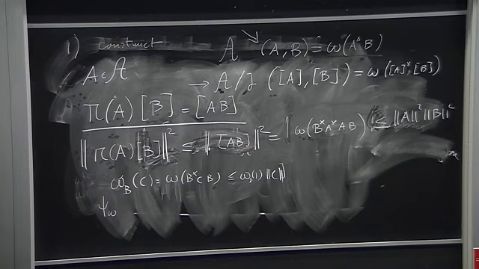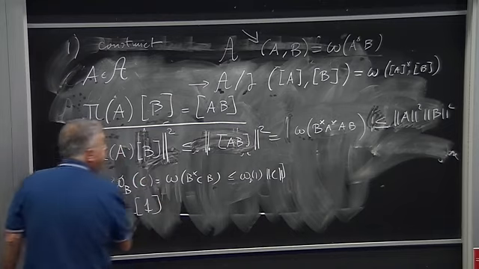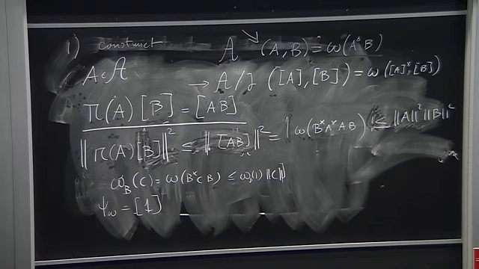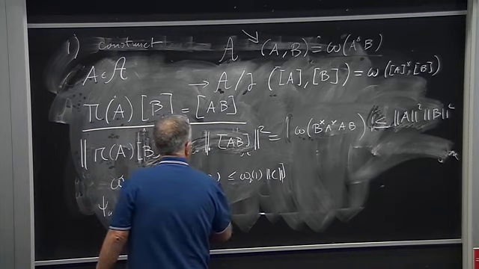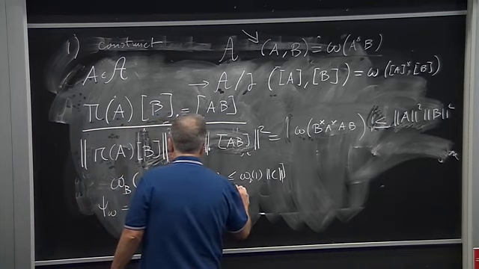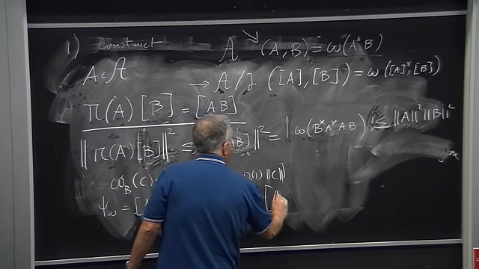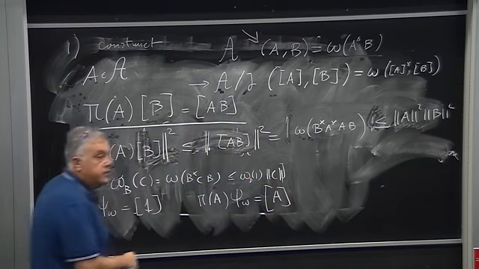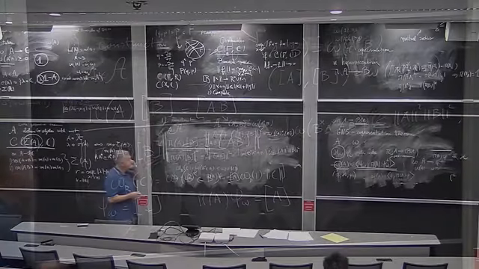The cyclic state is just the equivalence class of the identity in the algebra. So you can see here, when you apply the representation of an element of the algebra on the cyclic state, you get the equivalence class of A. So you get the whole algebra represented. So this is the construction of the GNS representation.